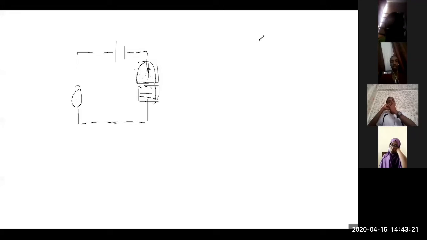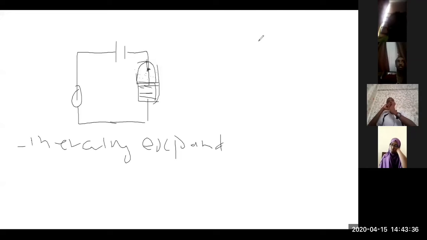If the circuit is complete, the bell will ring because the current is flowing through. So the first point, if you are describing this experiment, is that mercury expands. That gives you half a mark. Just mention that during fire, mercury expands, because the temperature is rising.